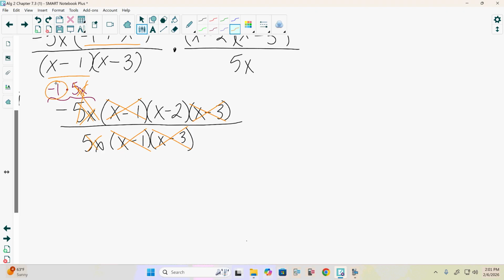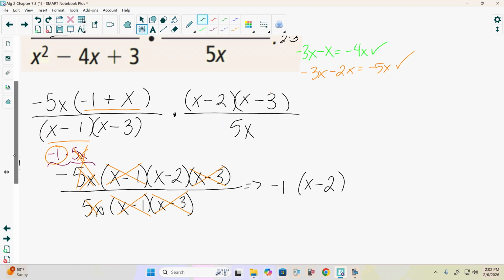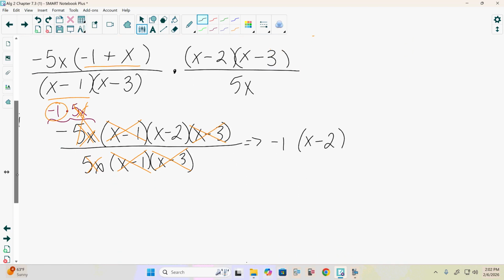The negative 1, yes, and the x minus 2. Now if we wanted to multiply the negative back through, it'd be negative x plus 2. And that's it. So we can say negative 1 times x minus 2, or we can just write it as negative x plus 2. We don't have to have the 1. It's understood.